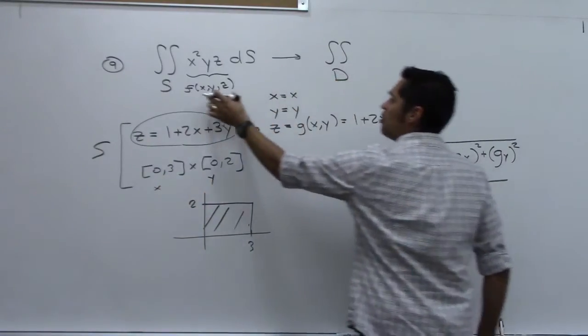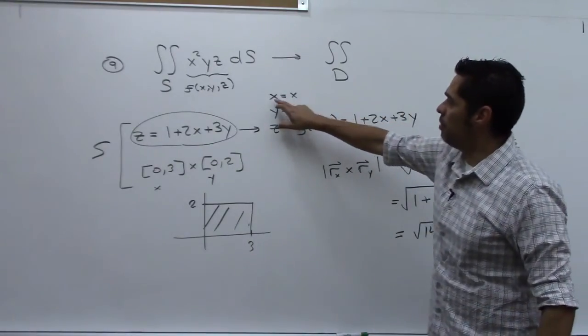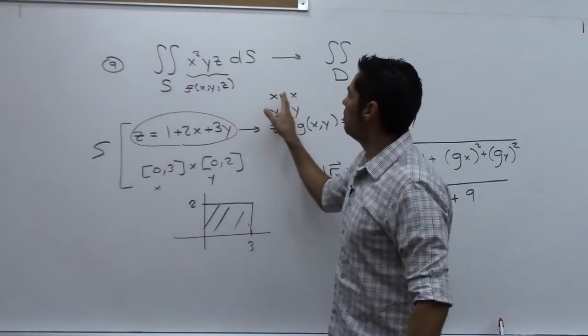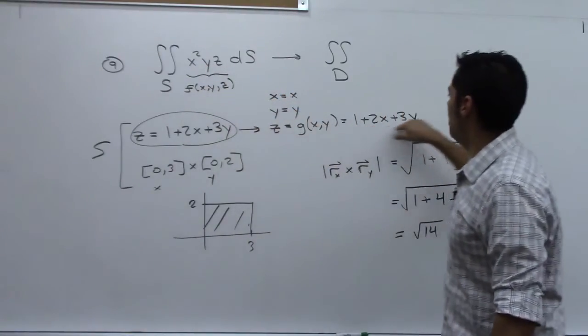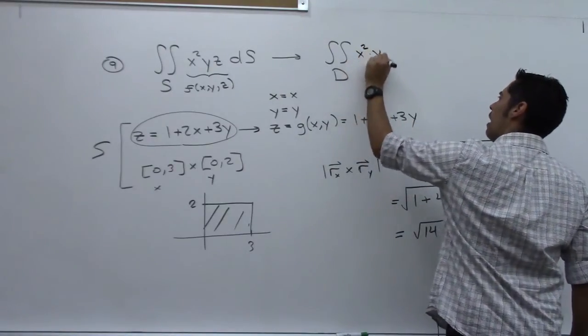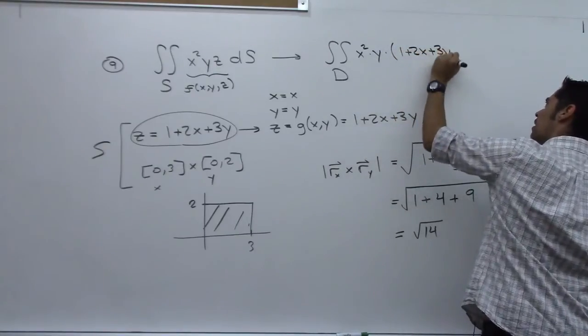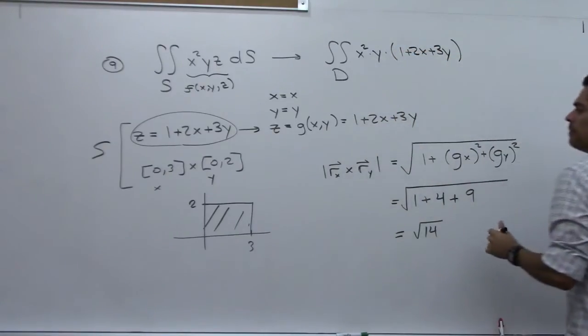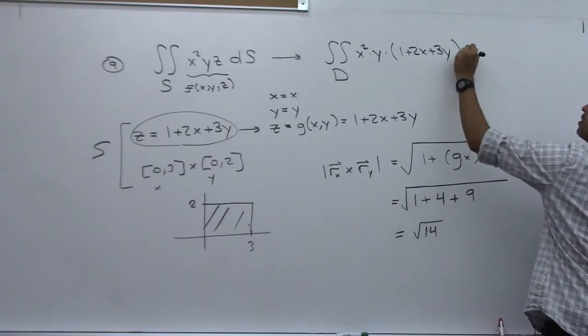The scalar function evaluated on S means I'm just going to replace x with x, y with y, and z with this. So that becomes x squared times y times z, which is 1 plus 2x plus 3y, and then I have times root 14.